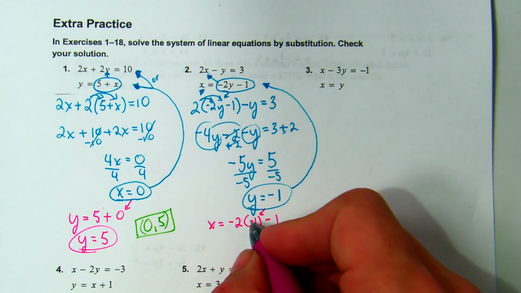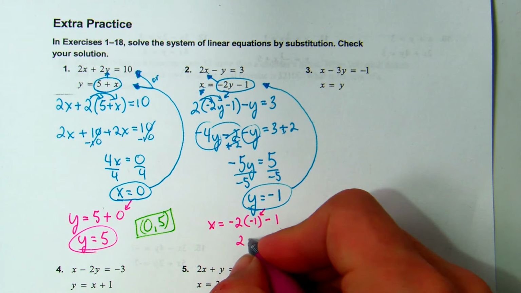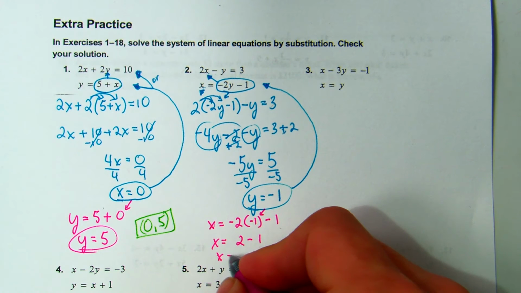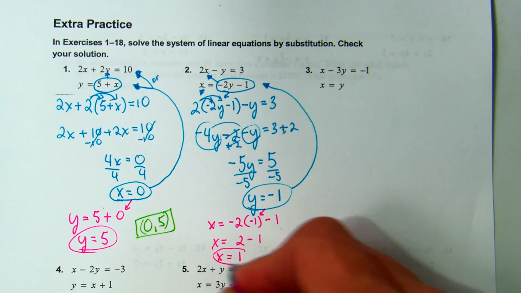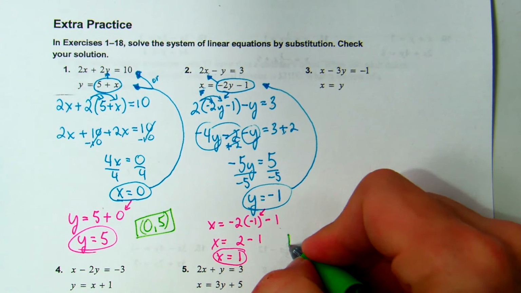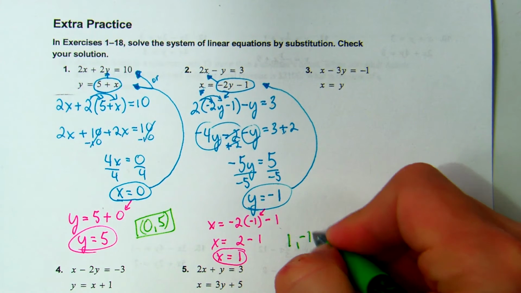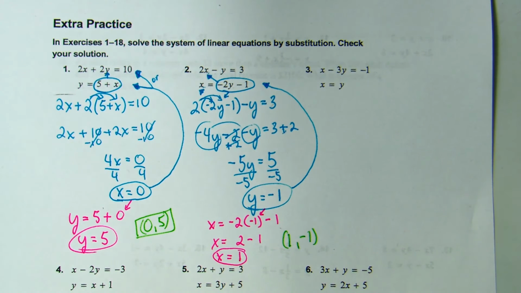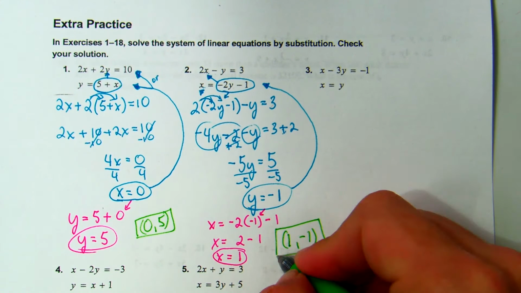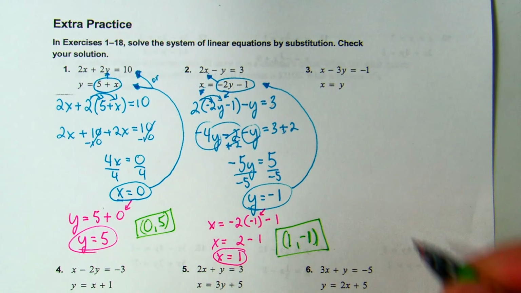Negative 2 times a negative 1 is a positive 2, minus 1, and 2 minus 1 is simply 1. So now I have both values, my x and my y values. So I have 1, comma, negative 1. That's my ordered pair for this solution of the system of linear equations. So that is my answer.